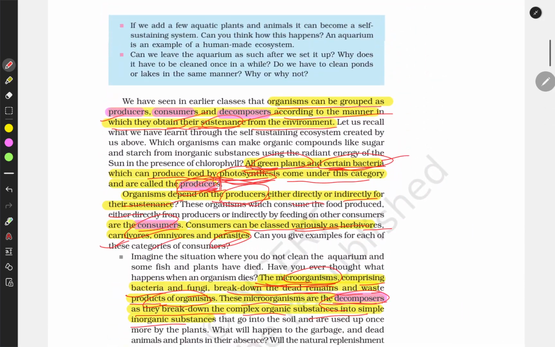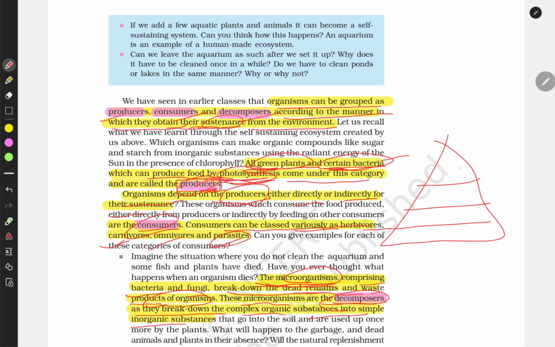First, there is a sun here. There is a pyramid shape. These are the producers. They use solar energy, and a reaction happens with carbon dioxide and H2O, in the presence of oxygen, I think, and they form a molecule which is called C6H12O6.